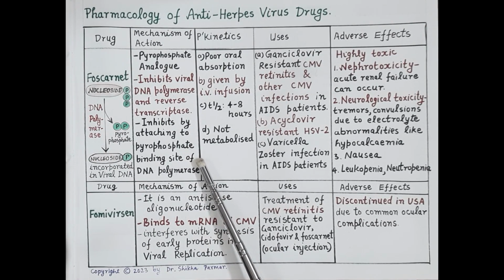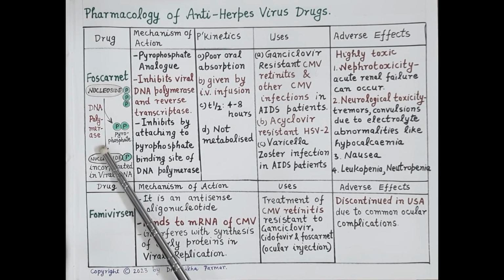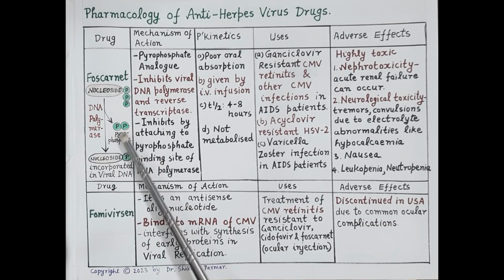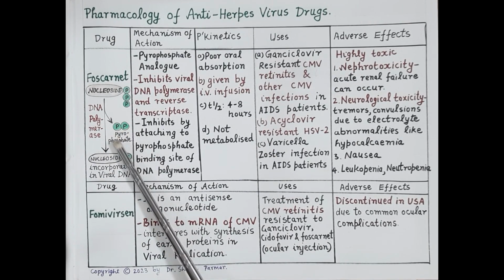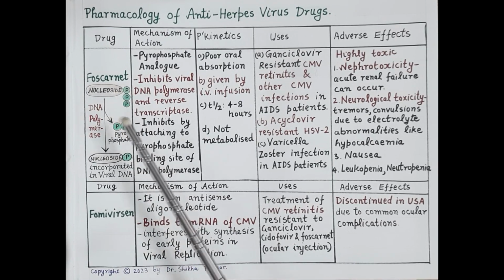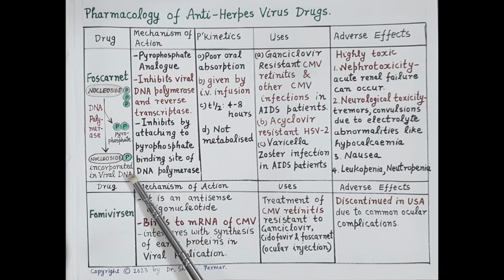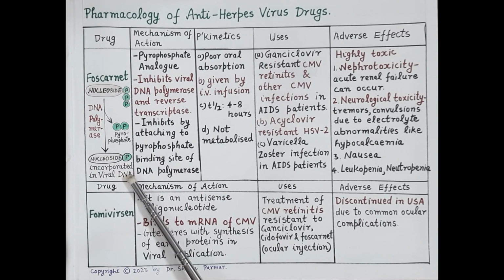So, once it is attached to the pyrophosphate binding site of DNA polymerase, now DNA polymerase cannot remove these pyrophosphates. So, since these pyrophosphates are not removed, nucleotides are not added to the replicating DNA template. So, this blocks the viral DNA synthesis and replication.